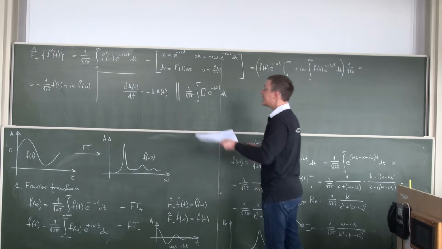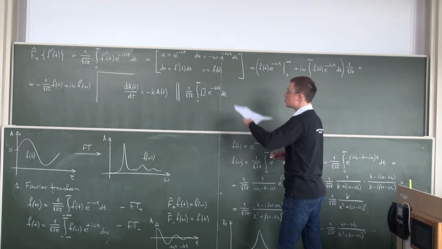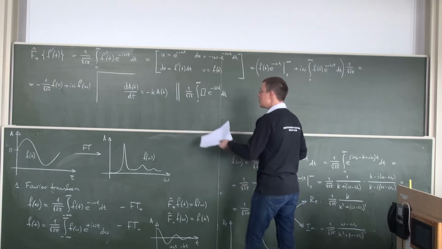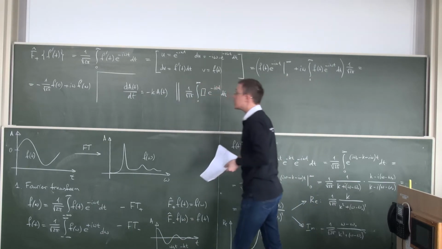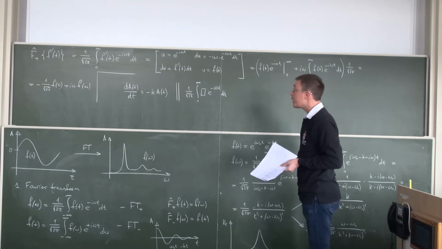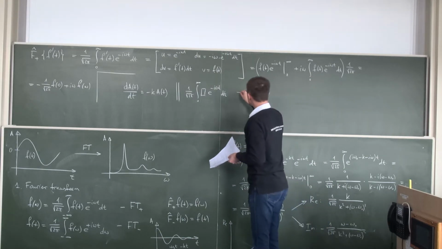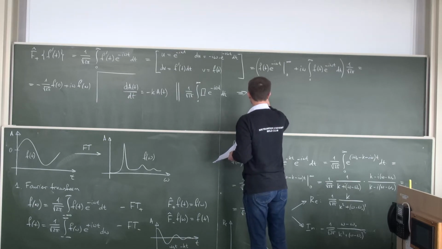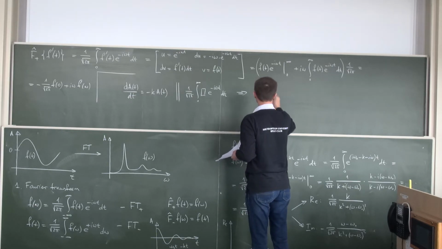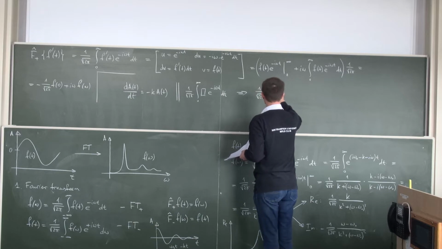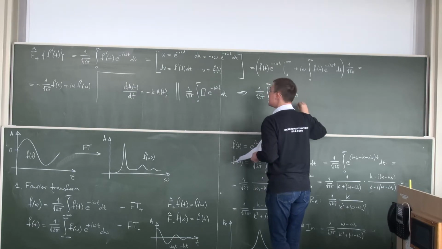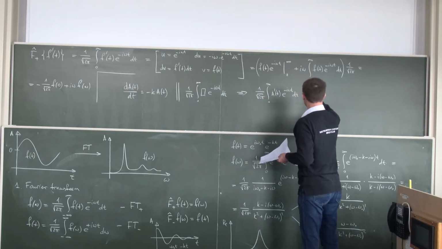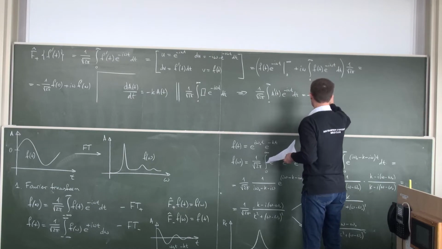And I will apply exactly this transformation to the derivative, and of course A of t simply converts into A of omega under that transformation. So what we're going to have is 1 over 2 pi integral from 0 to infinity of A prime of t e to the minus i omega t equals minus k A of omega.